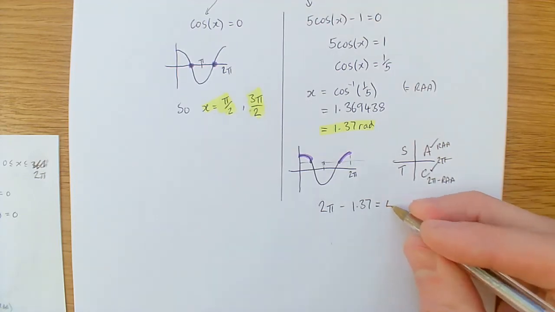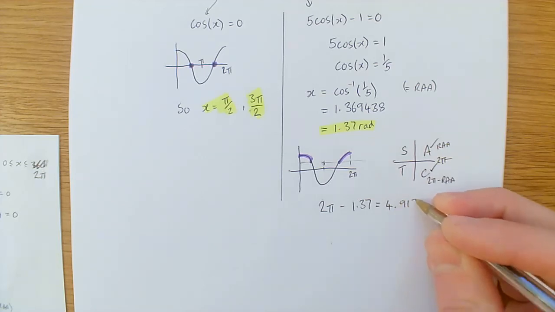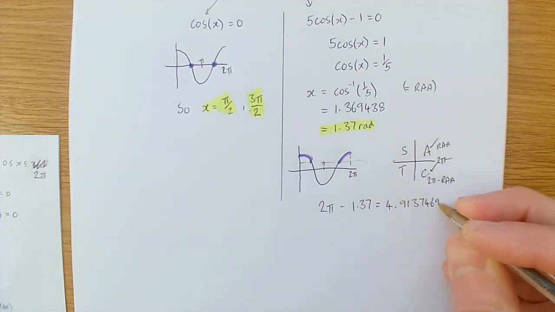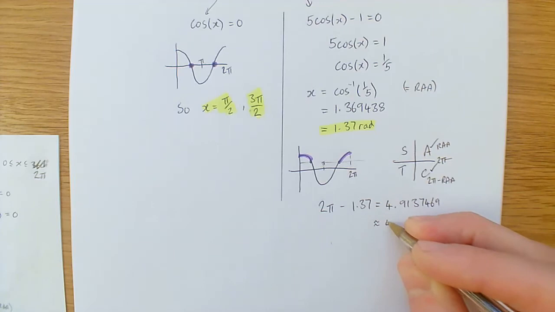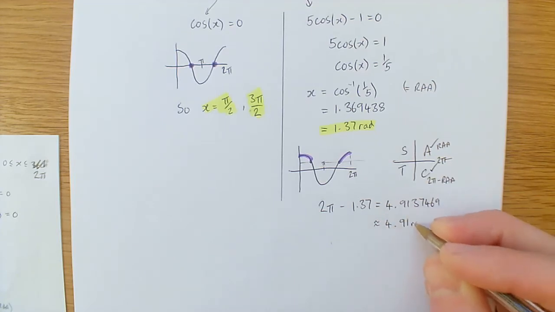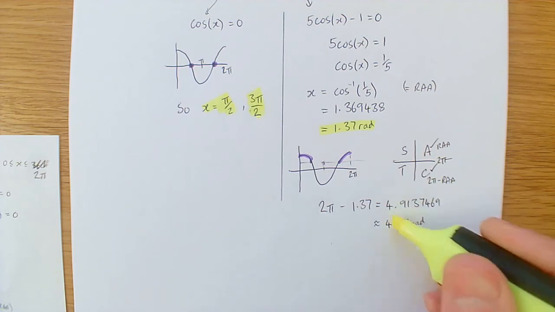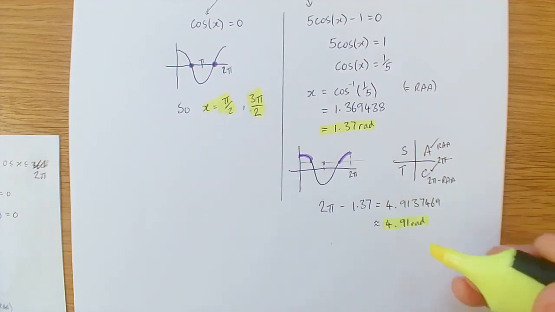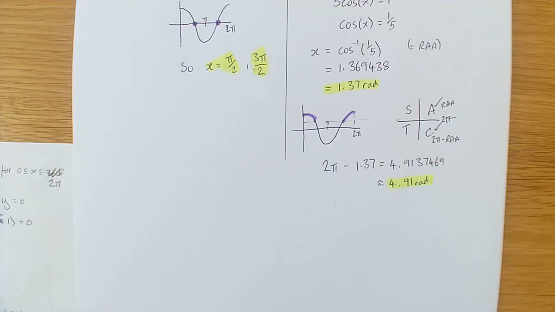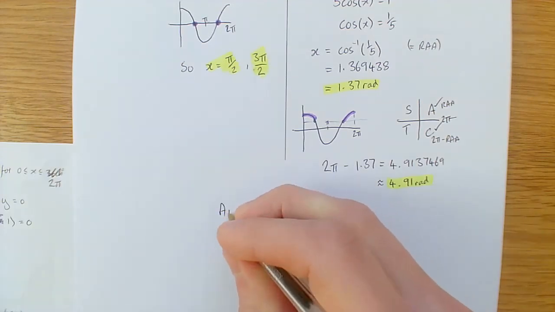And that should, if you work it out, give you 4.9137469. That rounds nicely to 4.91. And again, I'll just put a little rad to remind us we're working in radians here, although it's strictly not 100% necessary. Always good.